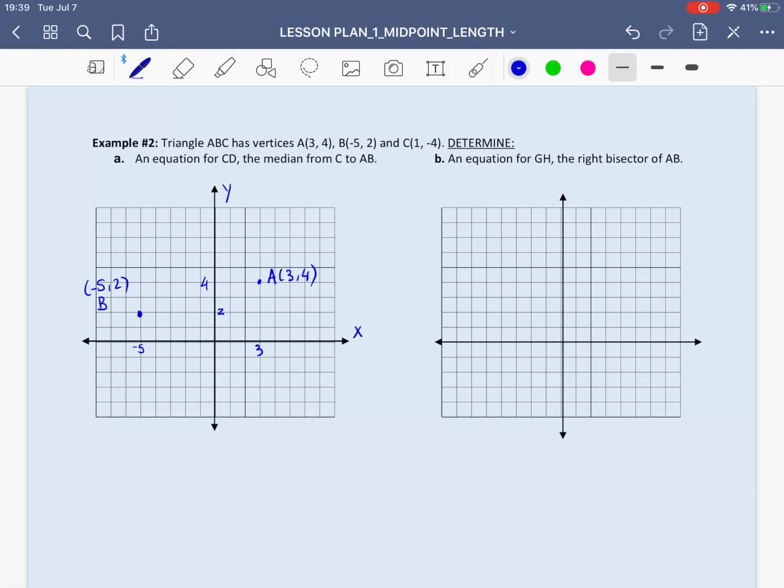The last one is point C, x equals 1 and y equals negative 4. 1, 2, 3, 4, negative 4. And that's point C, 1 and negative 4. And we'll connect the 3 points together.